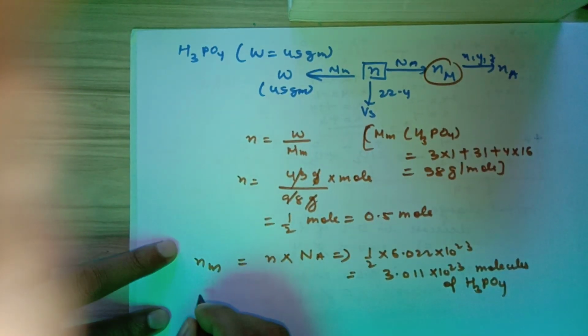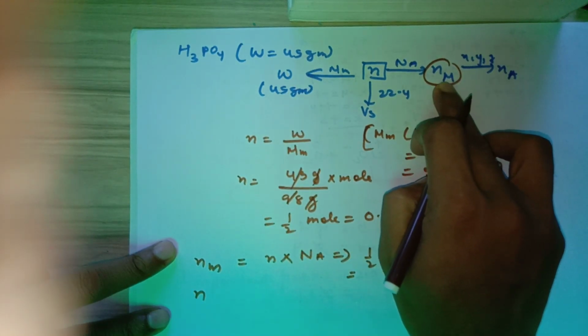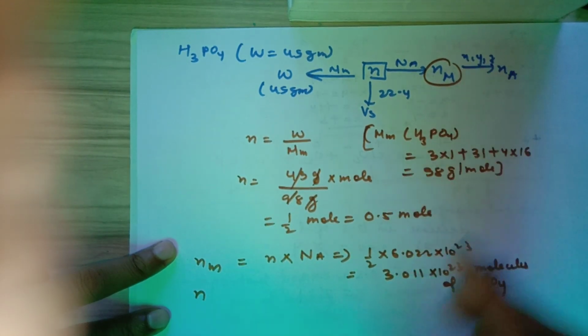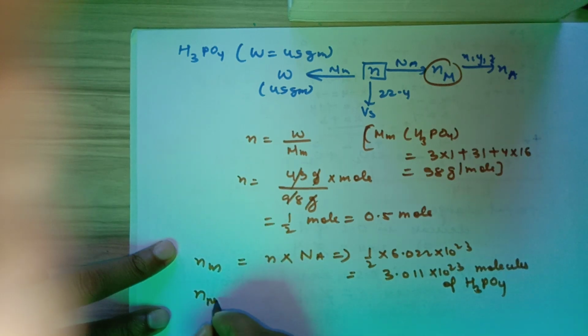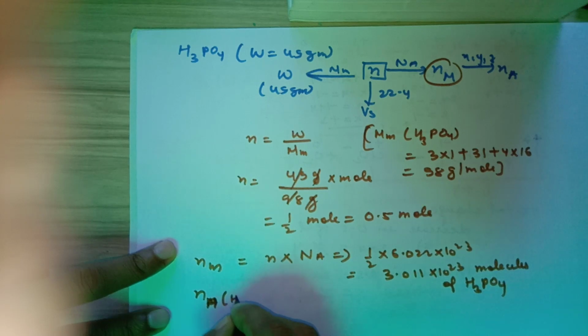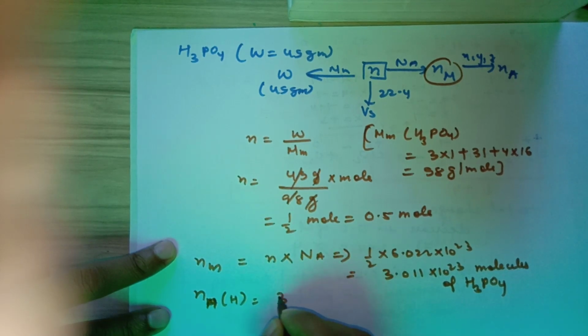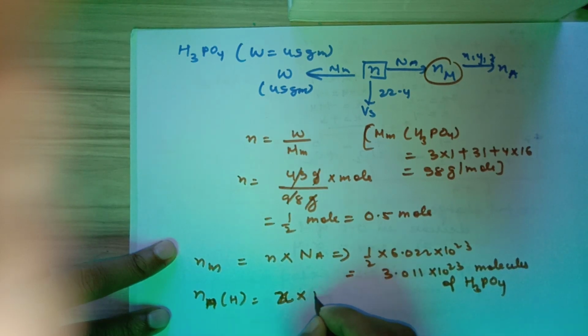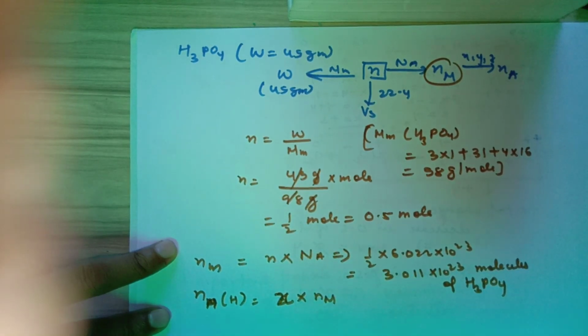Similarly, if we have to find the number of atoms, it will be easy. We are moving away from the number of molecules, so multiply by XYZ. The number of atoms of hydrogen, it is 3, so we have to take X into the number of molecules Nm.